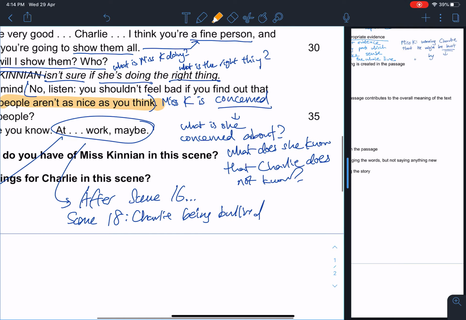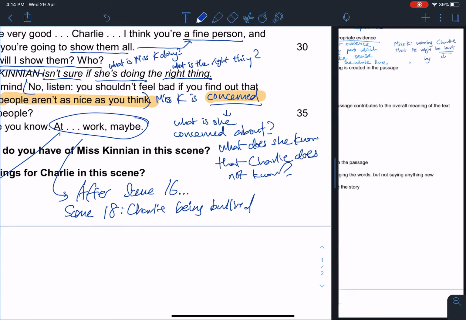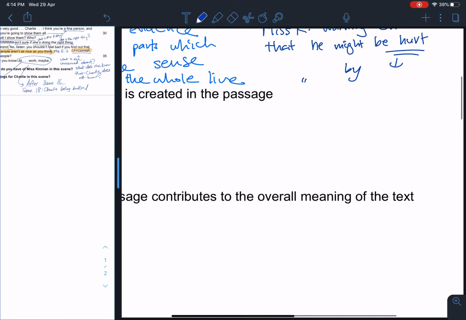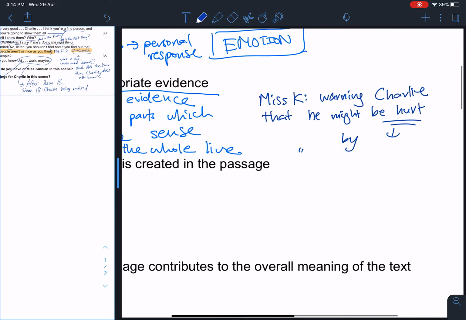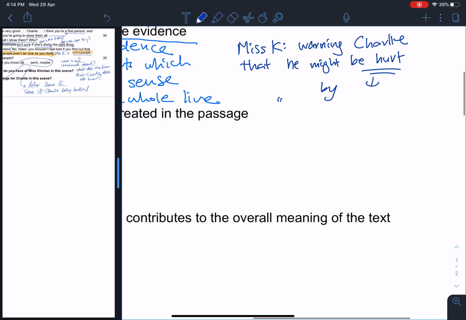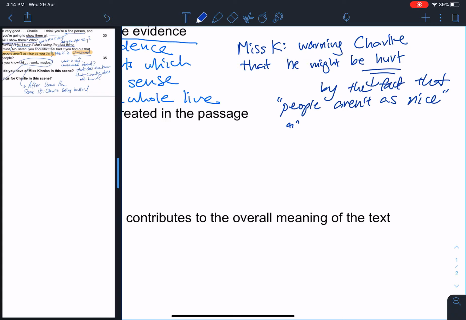As you can see, this is linked to the annotation that I made earlier about Charlie, by the fact that people aren't as nice as Charlie thinks so. As you can see, I did not copy every single thing. I only picked out the exact part.